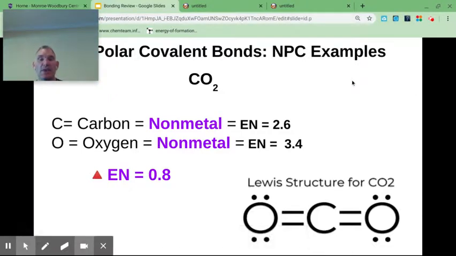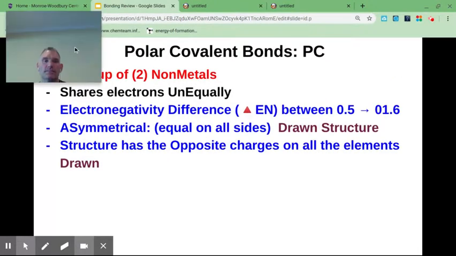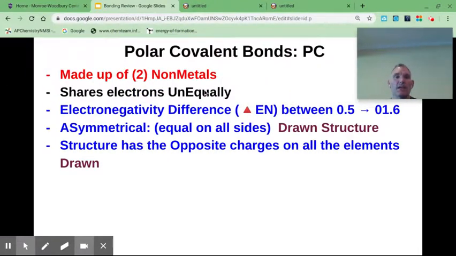Okay. Again, when we're doing like dissolves like, we need to know, especially in the covalent field, if it's polar or nonpolar. That's why all this extra work is needed. Now, the last of our bond types is polar covalent bonds. Polar covalent bonds, again, two nonmetals, sharing electrons now unequally.